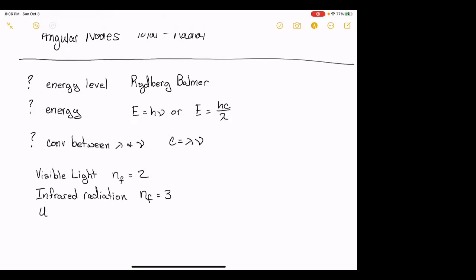And if I see ultraviolet light or UV light, then I'm talking n sub f is equal to 1. So understanding keywords will help you figure out what equation to use and what the n sub f is.